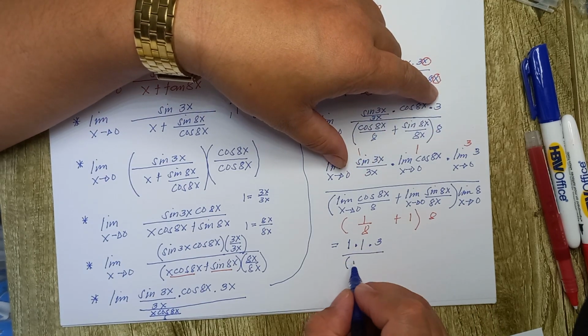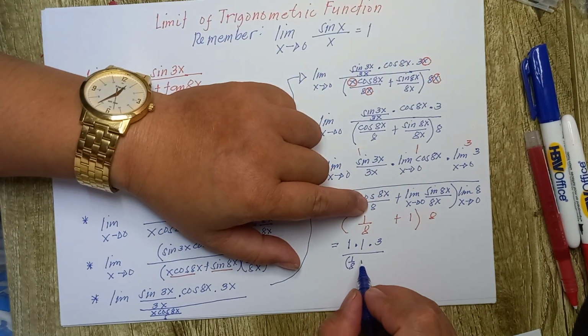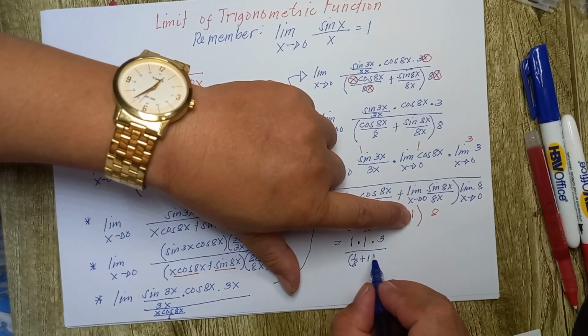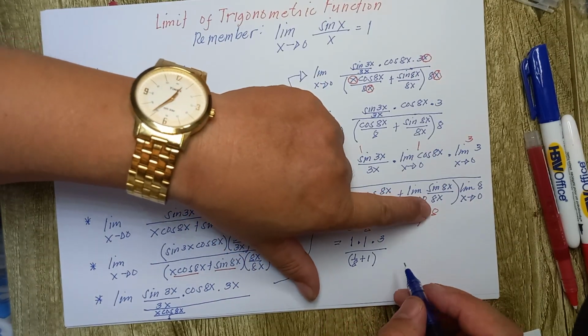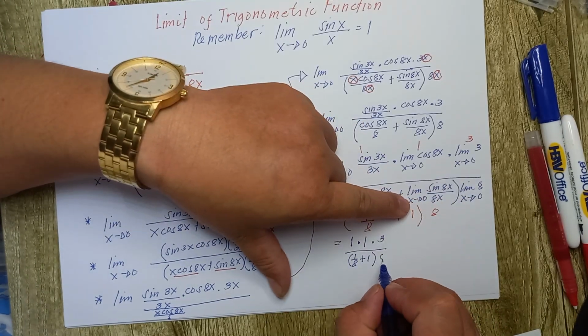That is the same as 1/8, the limit of this one, 1/8, plus the limit of this one, which is 1. So it will give you multiplied by the limit of that one, the limit of 8 as your x is approaching 0, that is the same as 8.